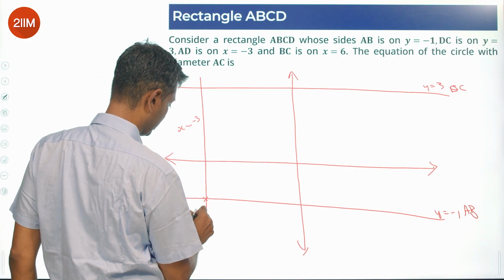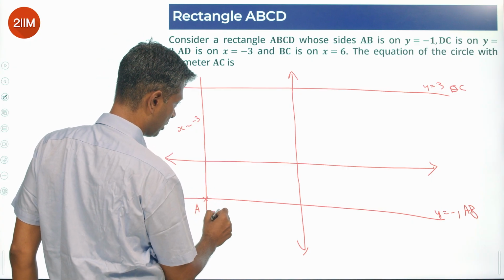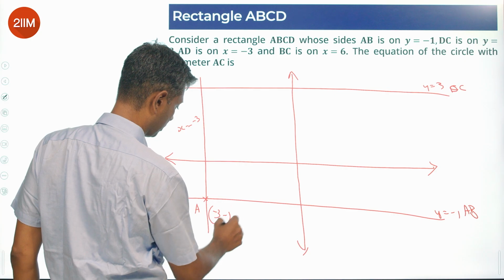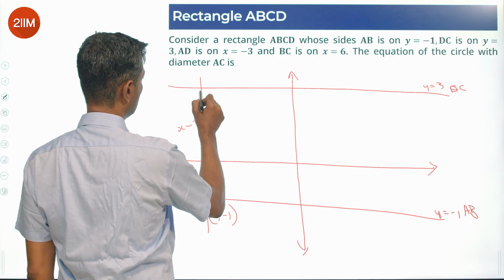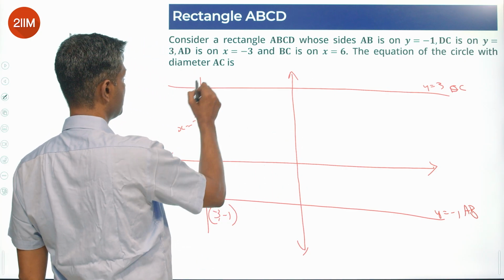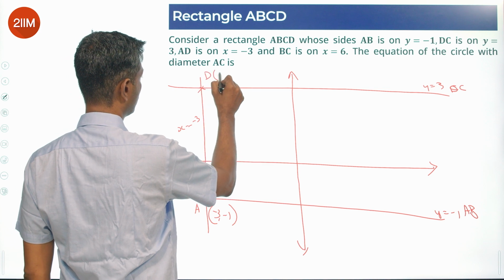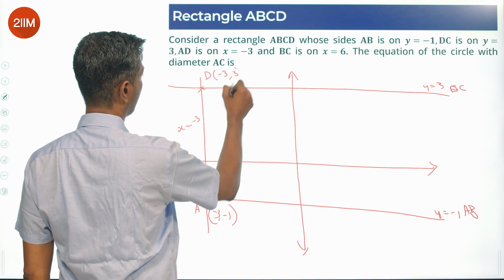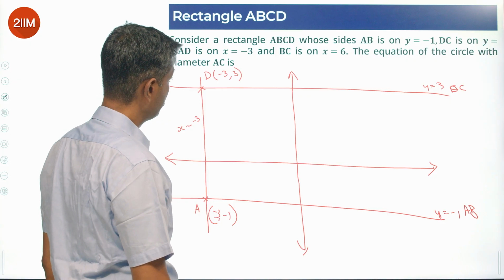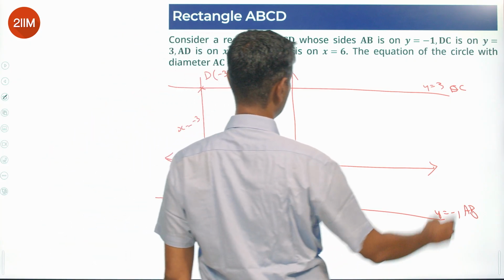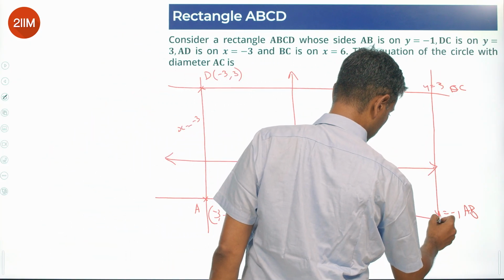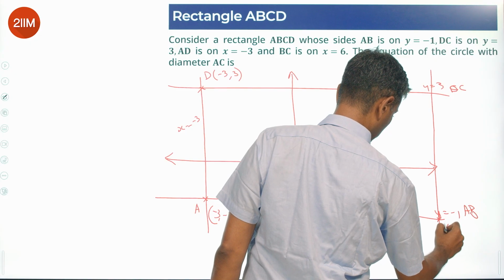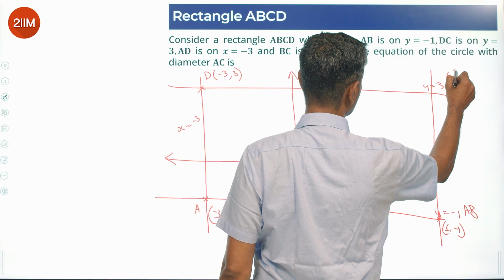So this point is A, which will be (−3, −1). This point is D, which is (−3, 3). And BC is on x equal to 6, far away. This is B (6, −1). This is C (6, 3).